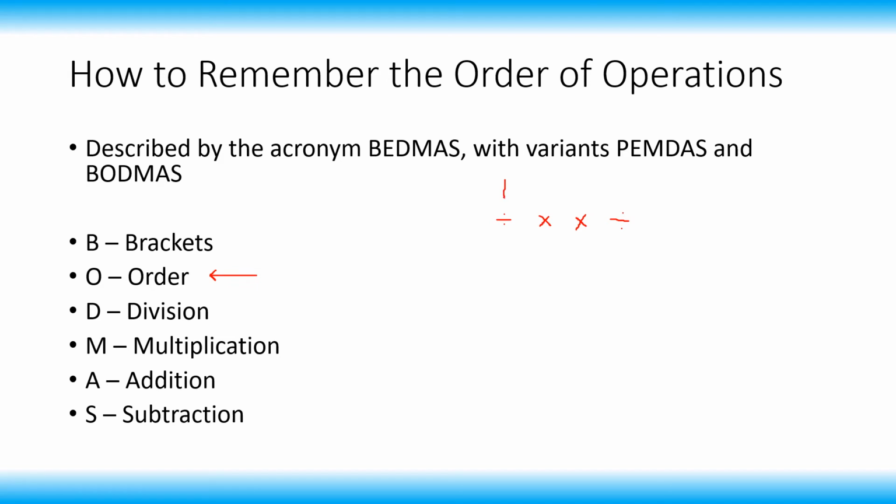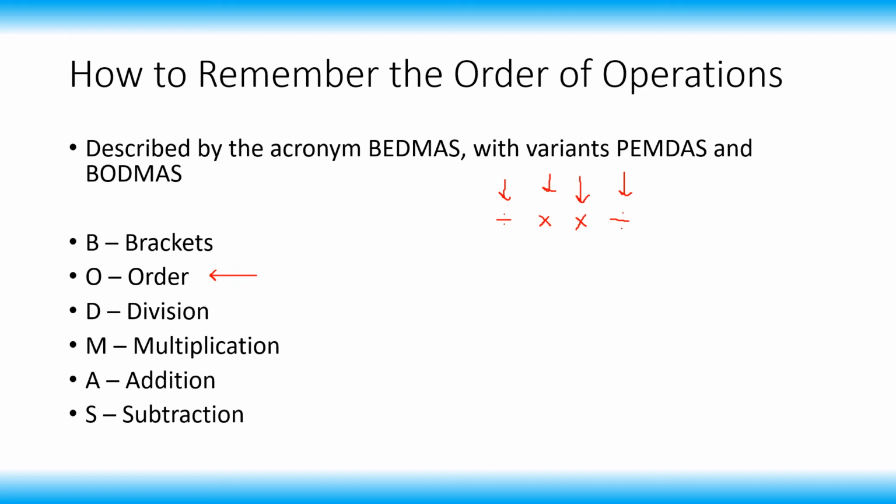You just do them in order. So if you see a division and then a multiplication and then another multiplication and then a division, do them in that order. So don't feel like for division and multiplication, you have to do one of those operations before you do all the other ones.